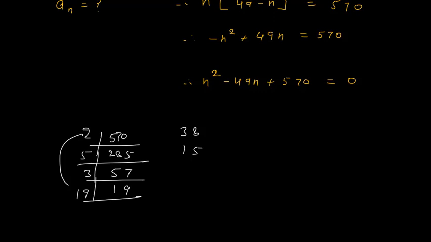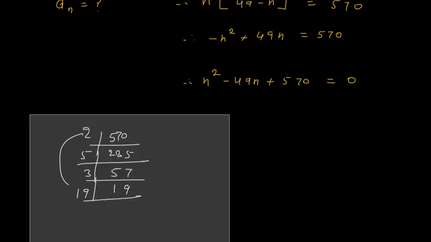Therefore I will take 19. Okay, let us keep 19 separate. 5 2 is 10, 10 3 is 30, so 30 and 19. Okay, so if I take both as negative, I will get the answer minus 30 and minus 19.